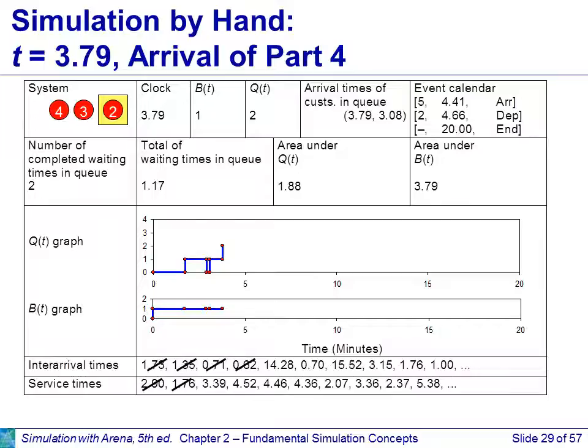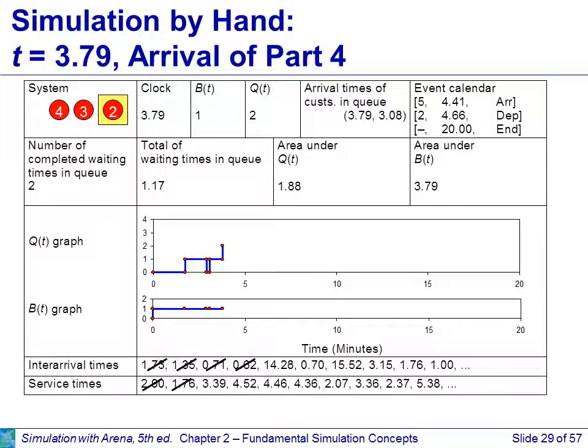And we also updated the event calendar by adding the arrival of part 5. It's still the same number of completed waiting times in queue and the same total waiting times in queue, but we're going to have additional time added to get a new area under QT.